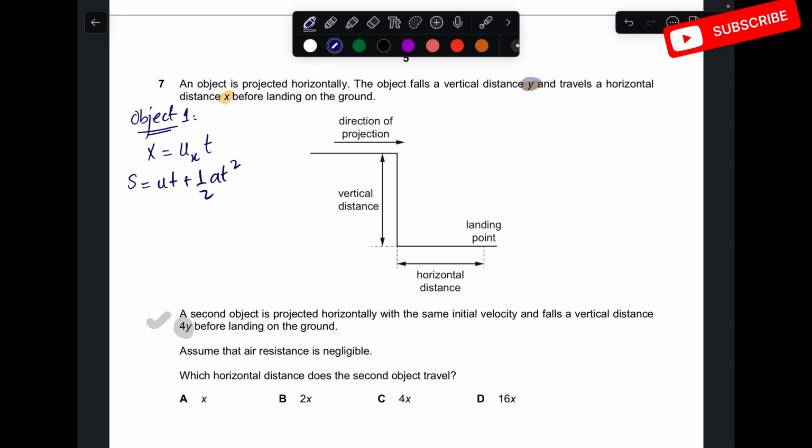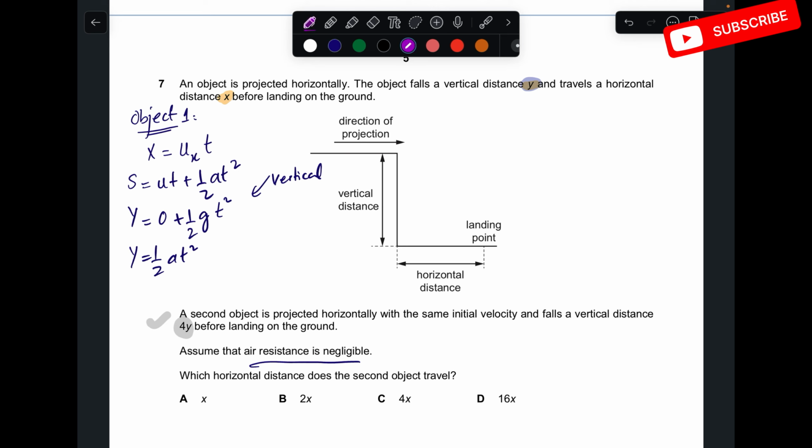For the first object, s is y, and u, the vertical velocity, is 0. So 0 plus 1/2, where a is equal to g because air resistance is ignored, times t squared. So I can say y = 1/2 g t².